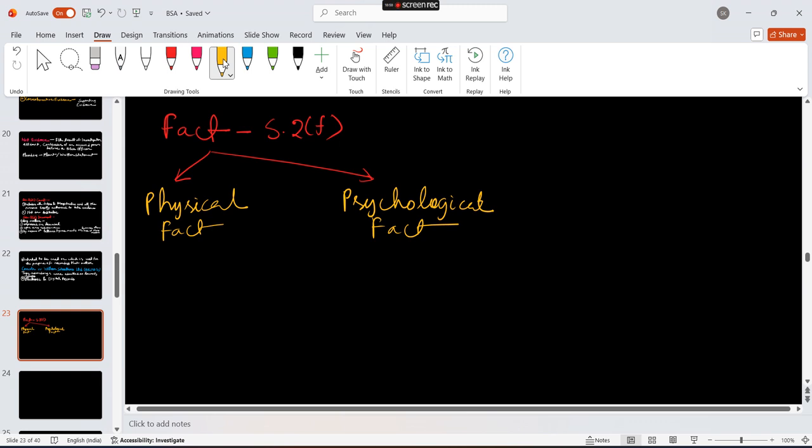Okay, so physical fact means anything or state of thing which is perceived by the senses. So whatever senses a human being has, whatever the human being senses, that is called physical fact. As I told, you are watching something, hearing something, smelling something, feeling something, everything is a physical fact. Okay, understood? Please write it down.